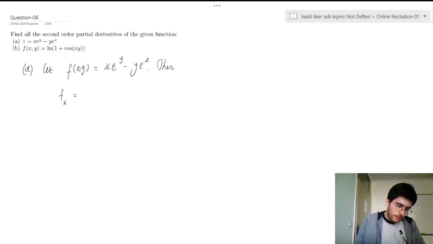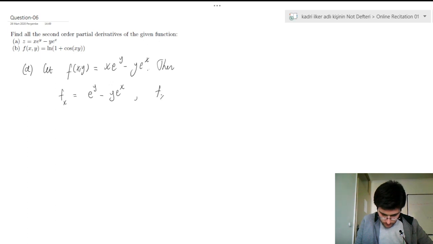While differentiating with respect to x, we just consider y as a constant, your favorite constant, for instance 1, 5, 3, whatever. And then we have something like this, and minus y e to the x.